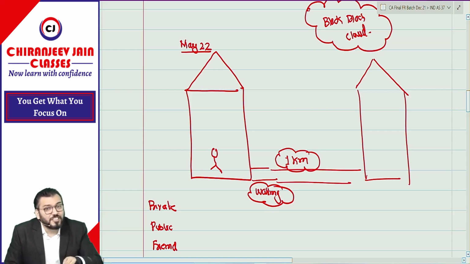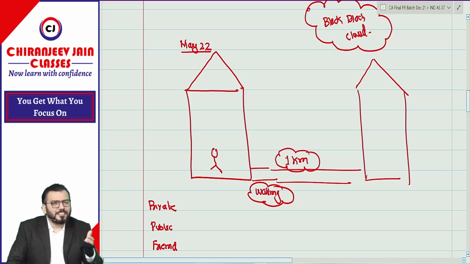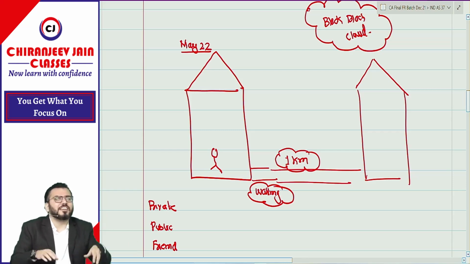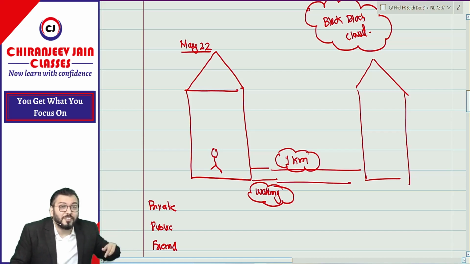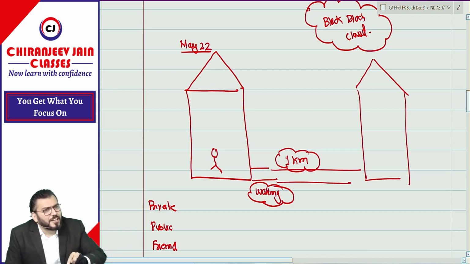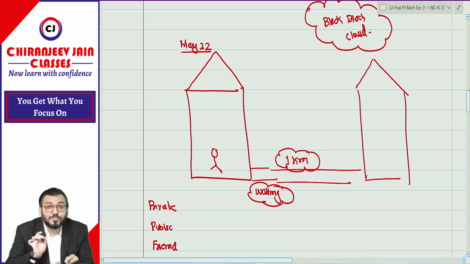Means if this person is creating provision, you can't ask why he is creating provision. But it might happen this student has decided not to take an umbrella because chances are very less. But can I say when he is not taking an umbrella, he will inform his parent that I am going without an umbrella, please save me if the rain falls. Disclose the information to the user of the financial statement.